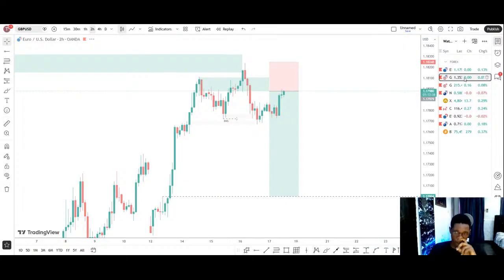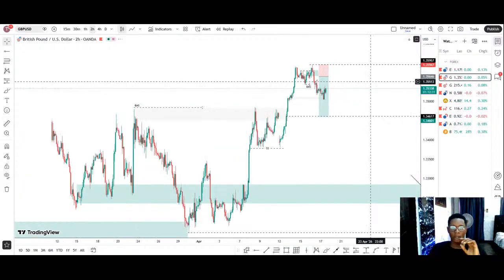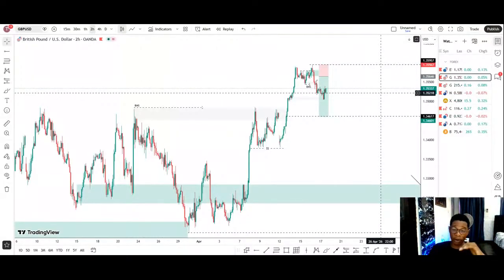So the next pair I'm looking at is GU. GU is not giving me the vibe I want, but they correlate with EU. There are pairs that correlate. GU is giving me a buy, EU is giving me a sell. The price has already reached the overbought region for it to start dropping down.